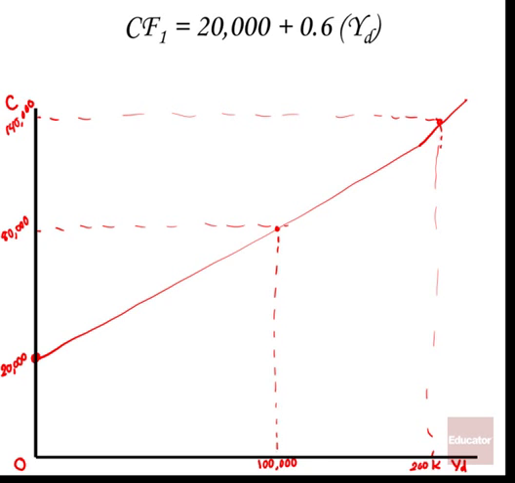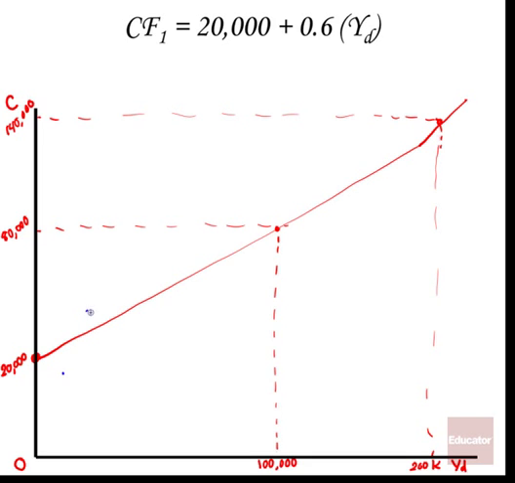So what you have here is a bunch of data points, and you're trying to find the line of best fit. If you're familiar with statistics, or taking AP statistics, there are different formulas that you could use to find the line of best fit. But basically, when you have data from 1,000 people that make different amounts of income, you can see a certain pattern, and that's where you come up with this autonomous consumption.